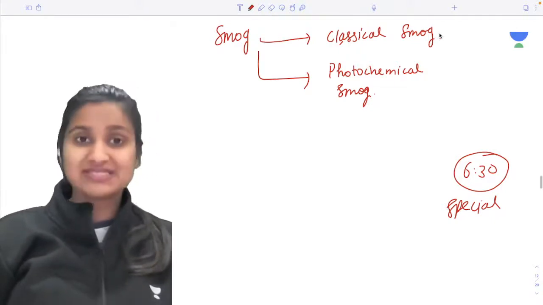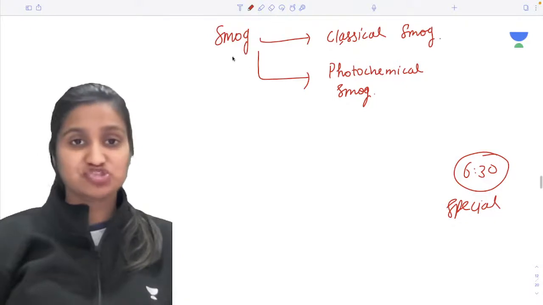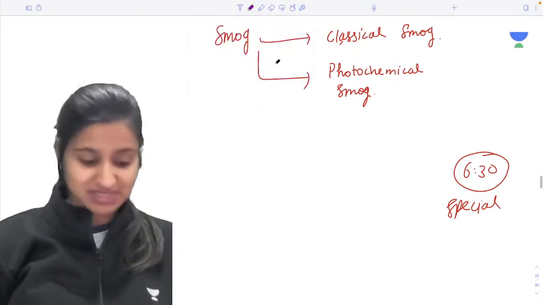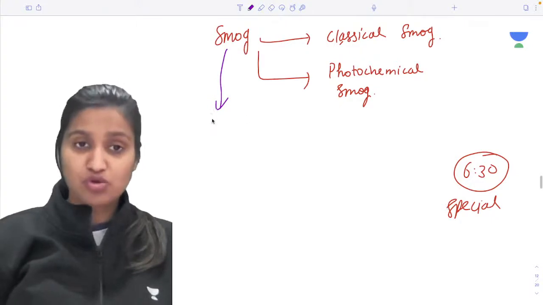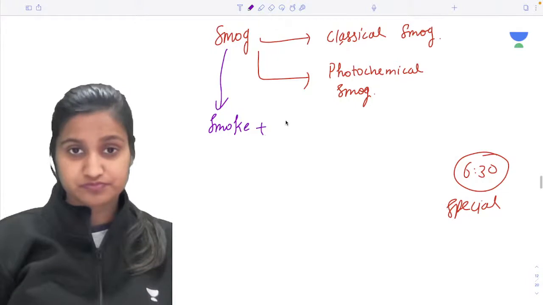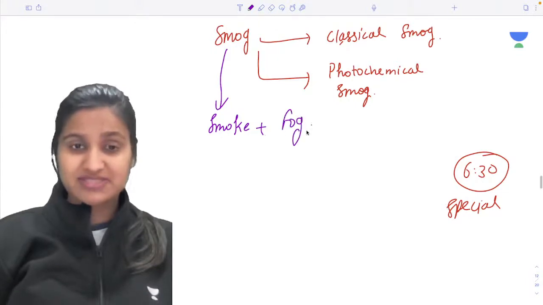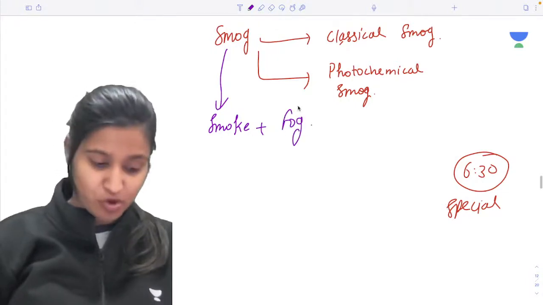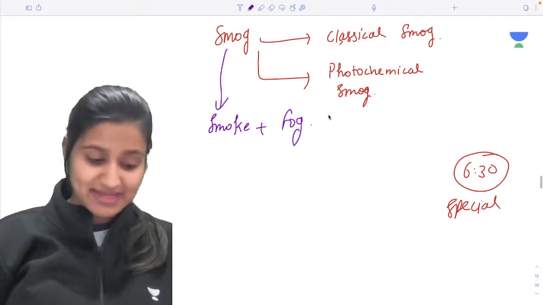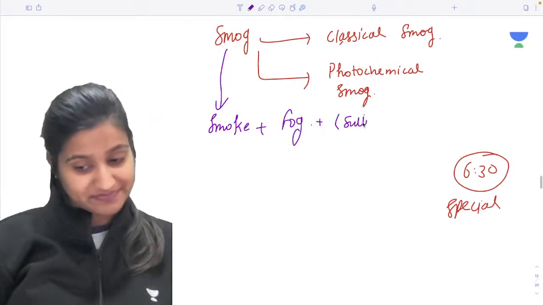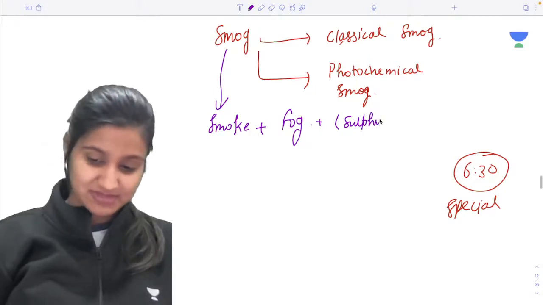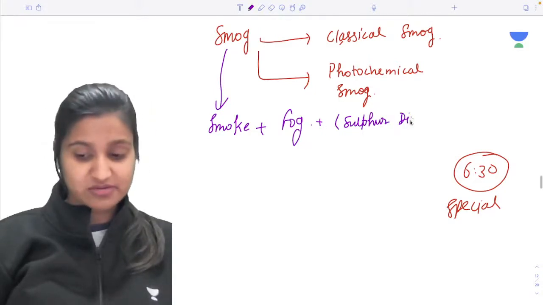Basically we know that smog is simply a mixture of smoke plus fog, and it has sulfur dioxide as well.